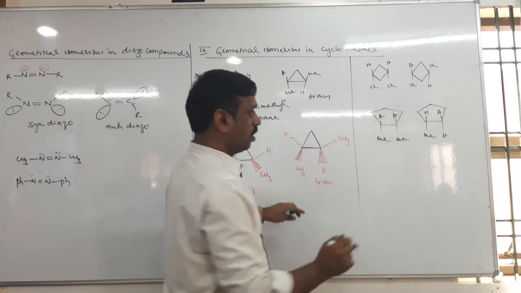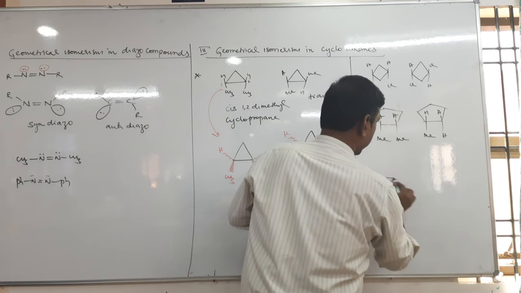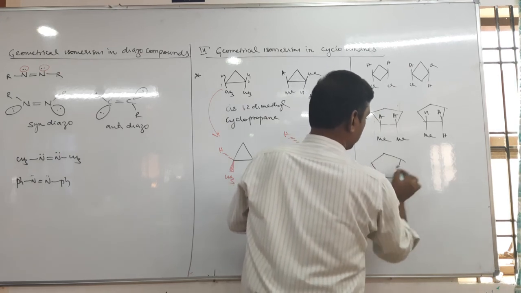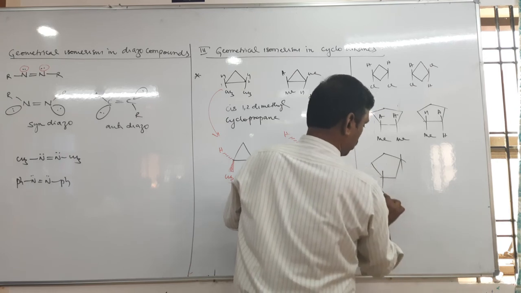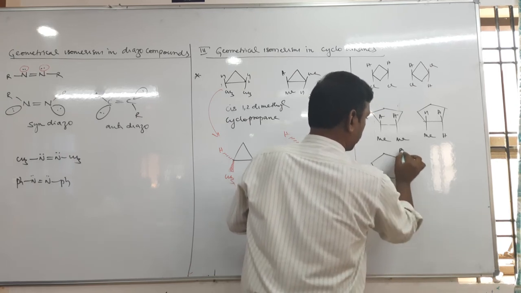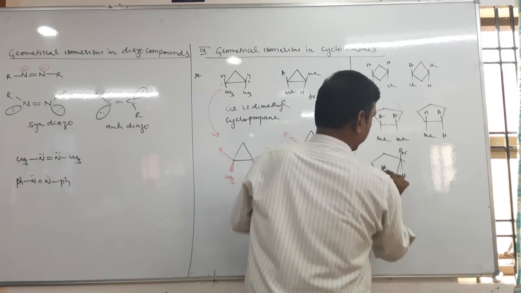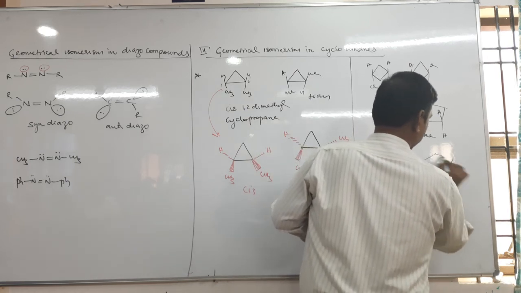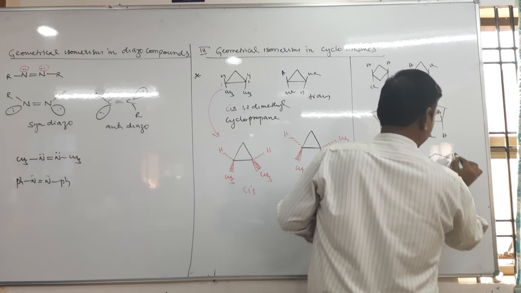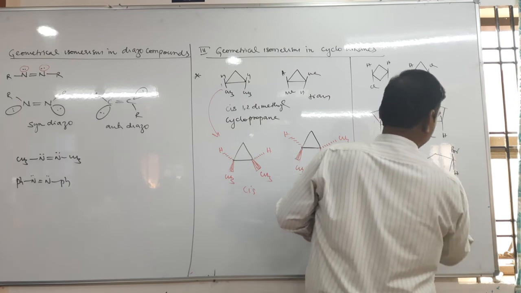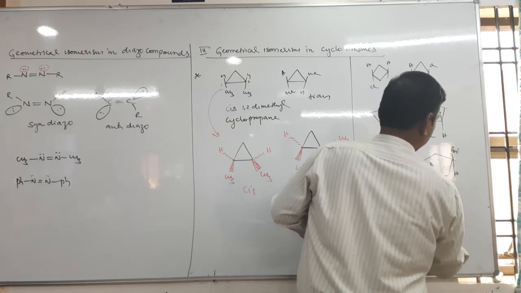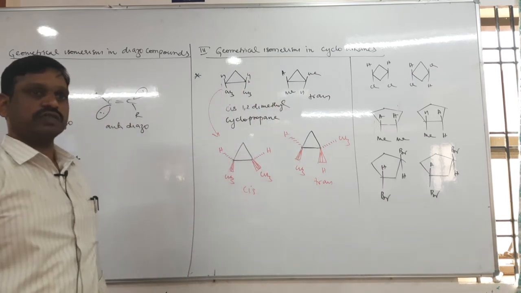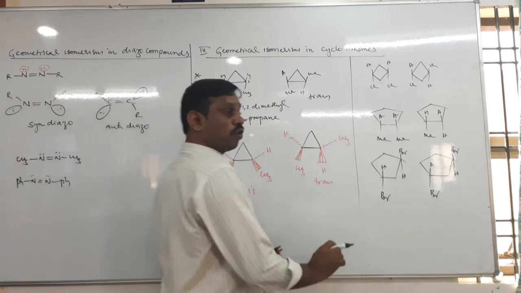Even in cyclopentane, it is 1,2, and you can write 1,3 also. It is bromine, H. Just write cis and trans.